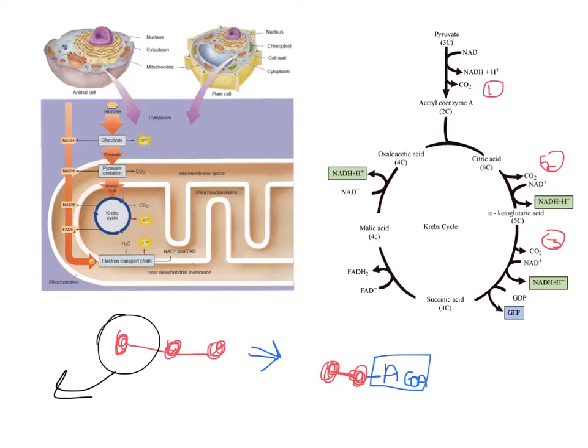That's where your CO2s go. That's what you exhale. Now you have 2 of these, so you end up exhaling 6 carbons. And how many carbons did you start with in glucose? I hope you said 6. So 6 is the answer. So let's talk about this citric acid cycle or Krebs cycle a little bit more, and then ask about the electron transport chain.